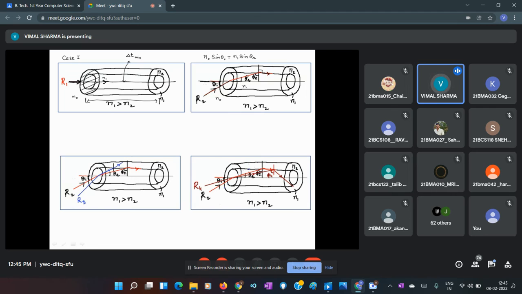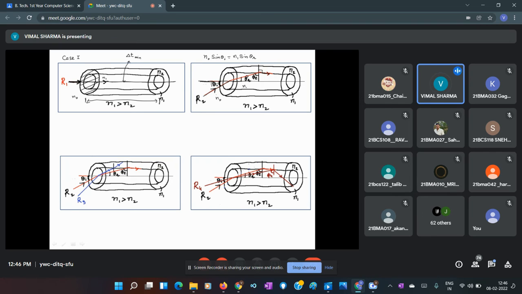So this angle is called the critical angle, meaning it is incident at the core cladding interface at the angle just required for total internal reflection. It is at phi c, and this angle of incidence is called the acceptance angle, because this is accepted by the optical fiber. It travels through the optical fiber.